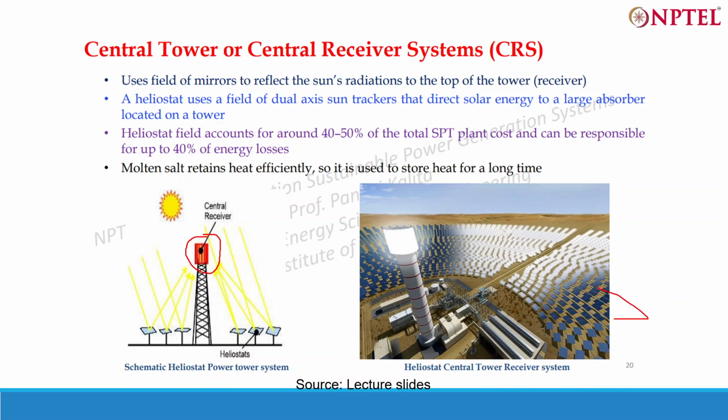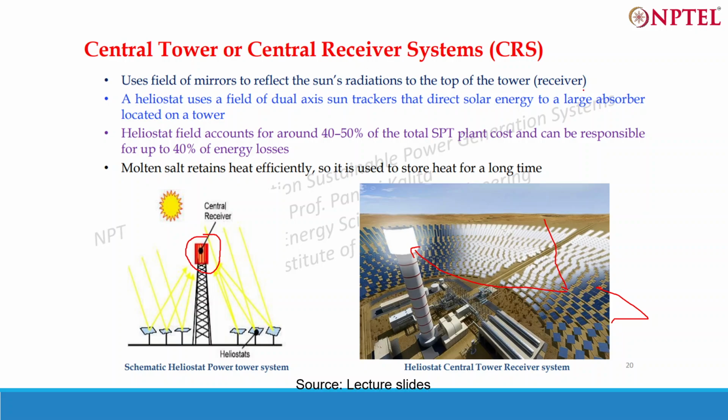Whatever sun rays come to them, they focus on this tower, and the tower can reach very high temperature. Easily they can get 800 to 1000 degrees Celsius. The theoretical limit, which many books mention, is 1500 to 2000 degrees Celsius, but those are theoretical limits.